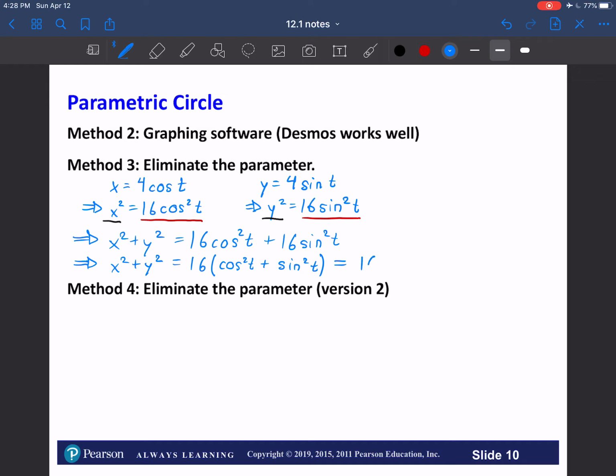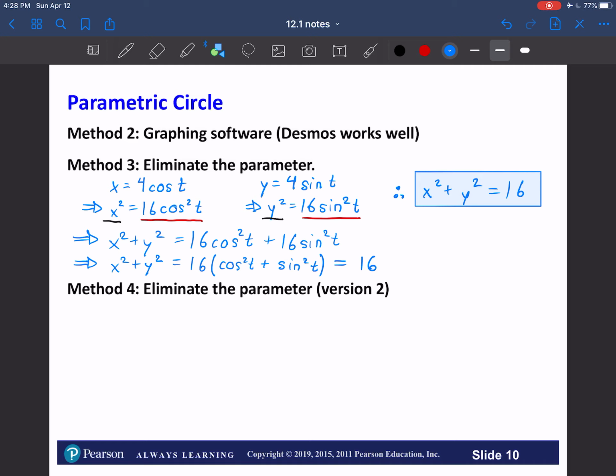So this is just equal to 16. And we get the equation that we wanted all along, which was that x squared plus y squared is equal to 16. And we have eliminated the parameter. There's no longer a t inside this equation.